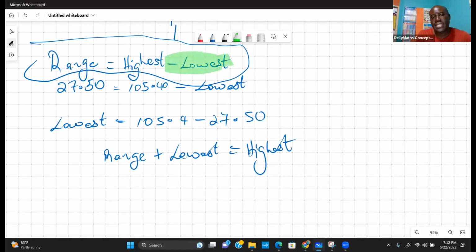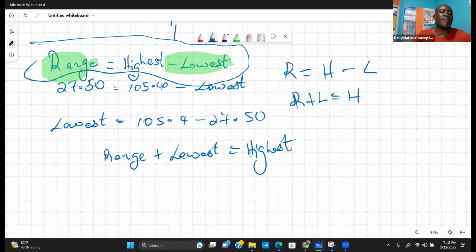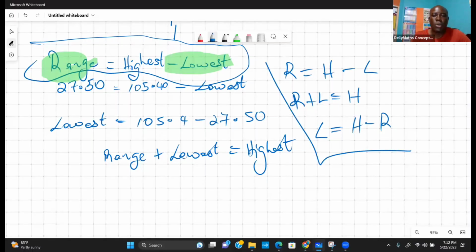If this is added to this side, I get the highest. You can manipulate them. Range is equal to H minus L. So R plus L gives H, you could see that transposition. You could bounce them around to get what you want. And L is equal to H minus R. You're on your own with them. Balance them out. So the one formula for range will work.